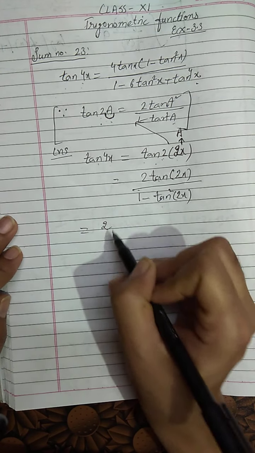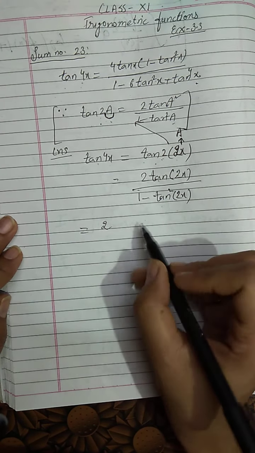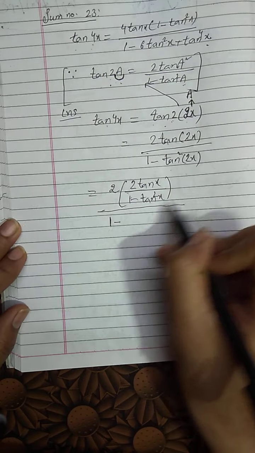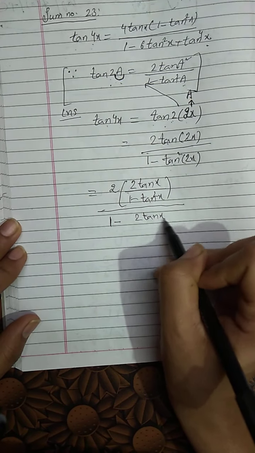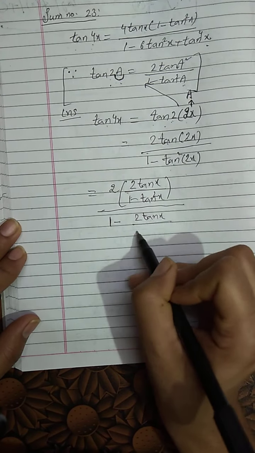This 2 will remain as such, and tan 2x is 2 tan x divided by 1 minus tan square x, whole divided by 1 minus tan 2x, again 2 tan x divided by 1 minus tan square x, whole square.